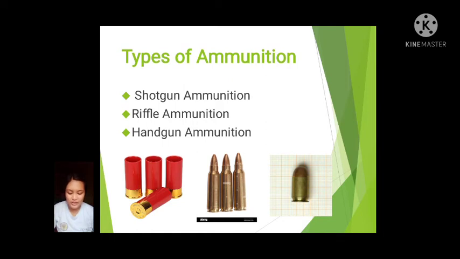Ang rifle ammunition, we use rifles to refer doon sa mga long firearm, or the other term na tinatawag dyan, which is the round. Next is the handgun ammunition. By the way, we have two types of handgun, the pistol and the revolver. Ammunition used by handgun is also known as rounds.